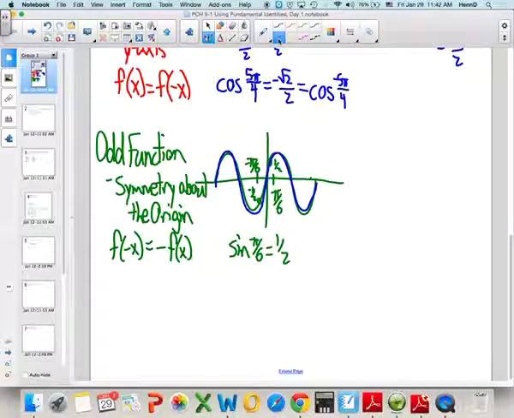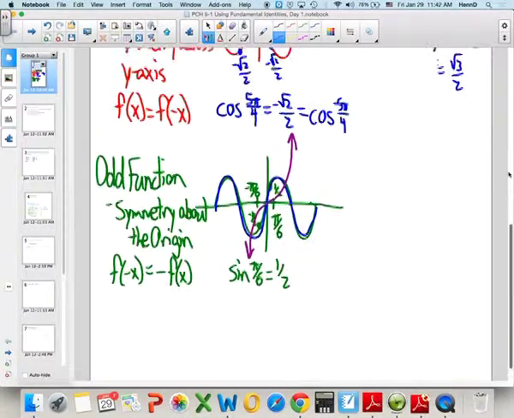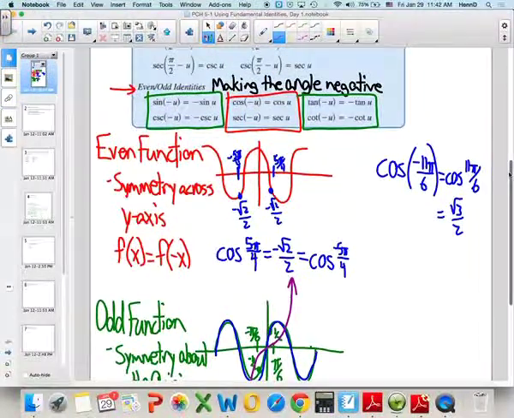Like tangent, which looks like this, I'd have to rotate 180 degrees to get it to line up with itself. Tangent and sine are the odd functions, the ones where a negative angle makes the value negative. Cosine has symmetry across the y-axis, so making the angle negative has no impact on the value of the cosine.